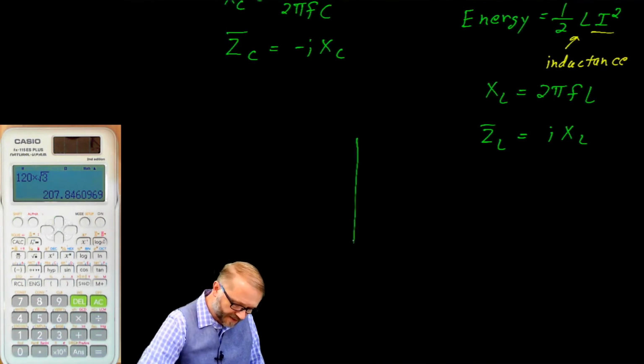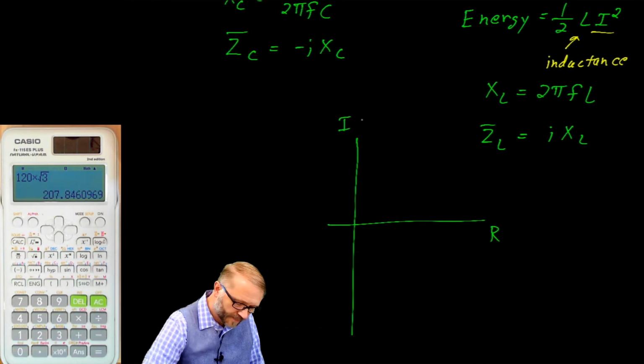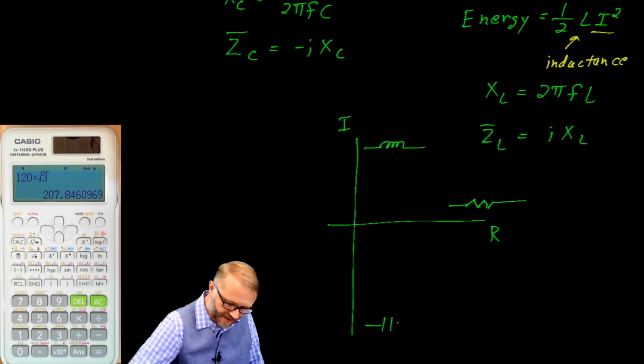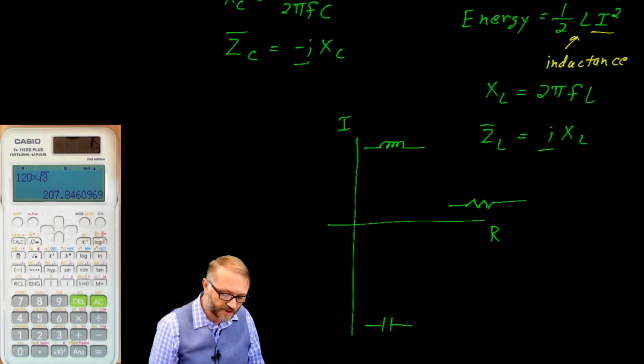Another way to think about this is to look at the real and imaginary plane. Resistors live here on the real axis. Inductors are imaginary and positive, and capacitors are imaginary and negative. If we look at this, we see this j, which is the imaginary component.